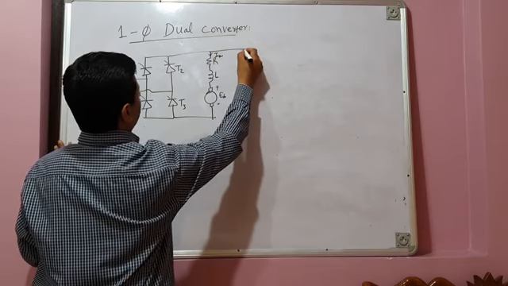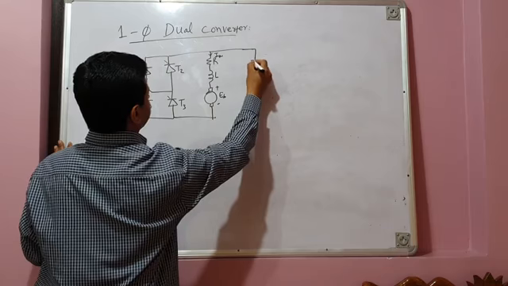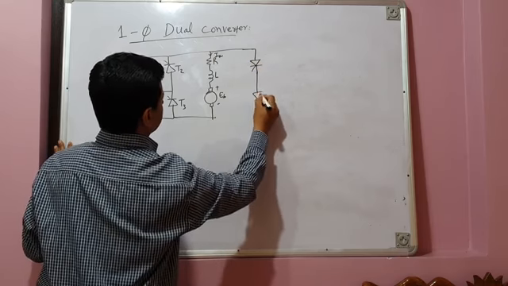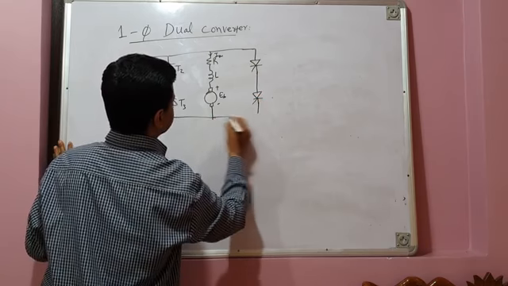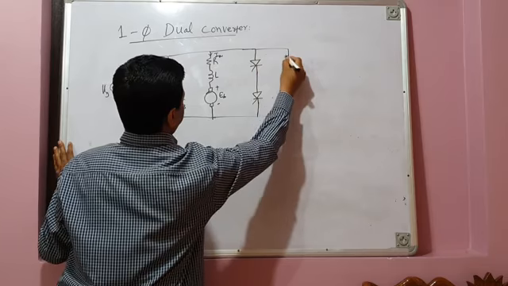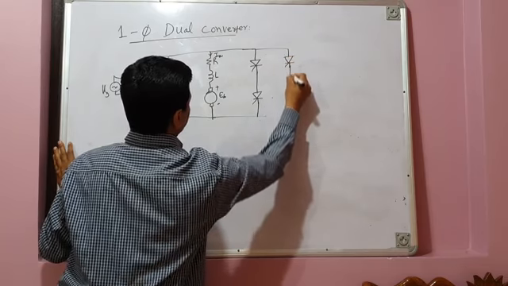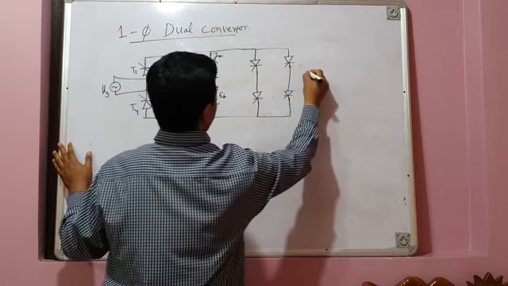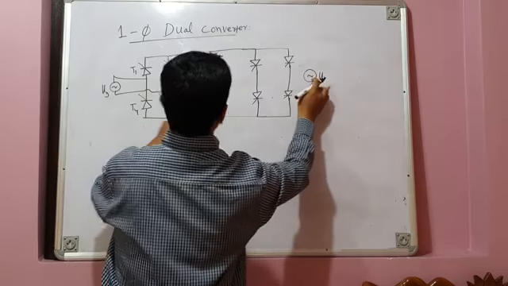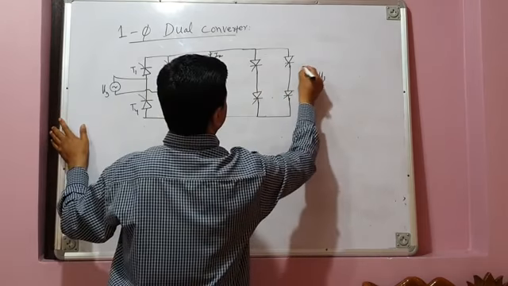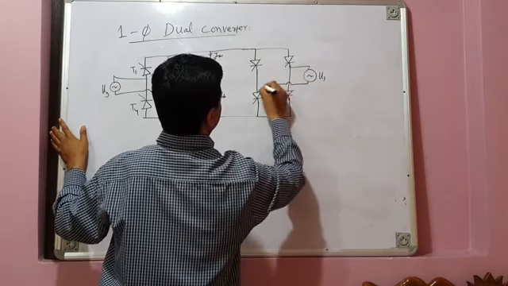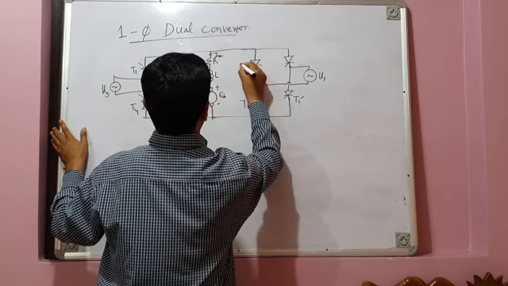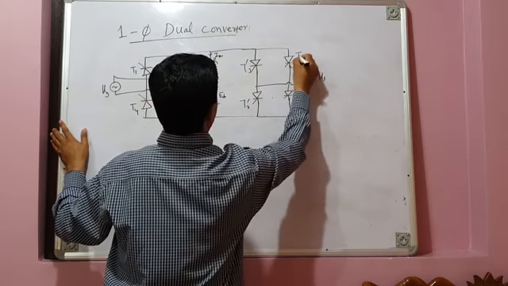On the other side we have another converter, a fully controlled converter or full converter, connected like this. The same source Vs. This is T1 dash, T2 dash, T3 dash, T4 dash.